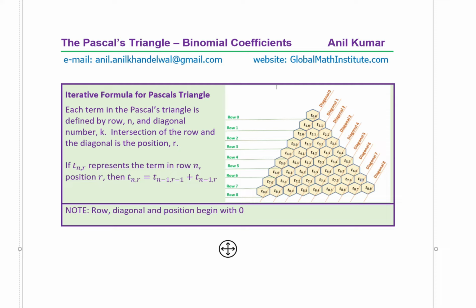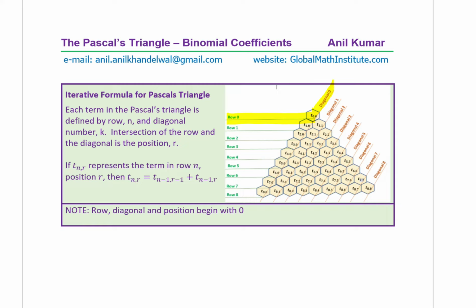So this triangle has identified elements with rows and diagonals, right? So these are the two. Like rows and columns, you identify a table with, Pascal's triangle is identified by row number and the diagonal number.